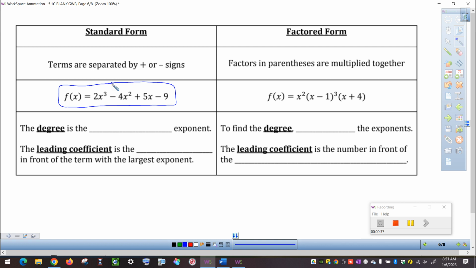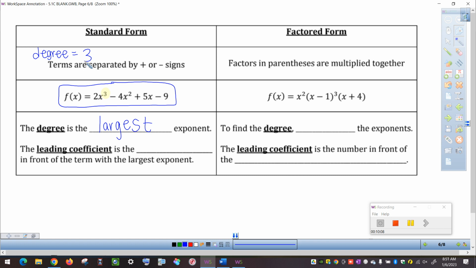And we've seen so far that in order to find the degree, it is the largest exponent attached to a variable. So for example, in this case, the largest exponent we see is 3. It's not always the first exponent. A majority of the time it is, but sometimes that largest exponent is in the middle or it's toward the end, so we need to check them all.